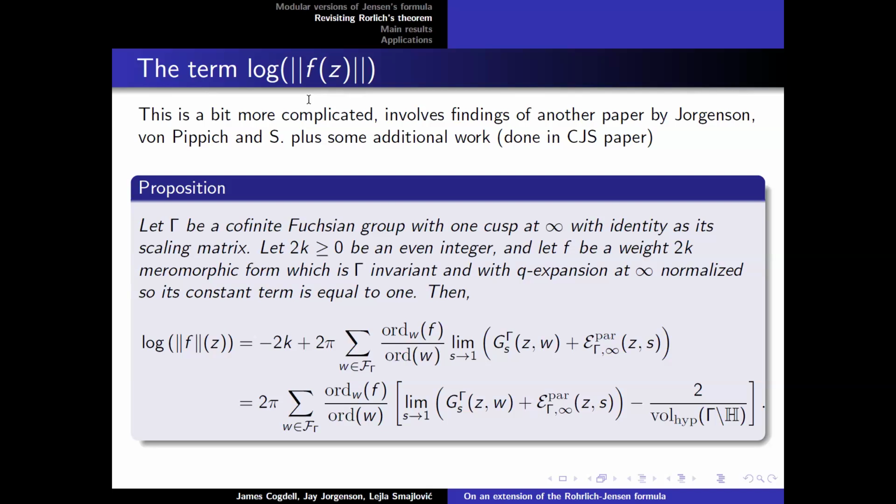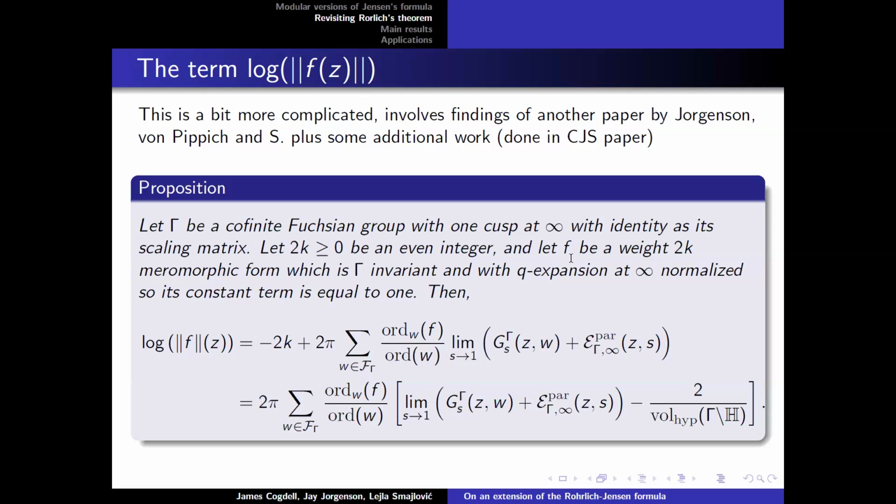And there is also some additional work needed to deduce this proposition that I write here. So for any cofinite Fuchsian group with one cusp, which one can of course take to be at infinity without loss of generality, and such that the scaling matrix is identity as well.